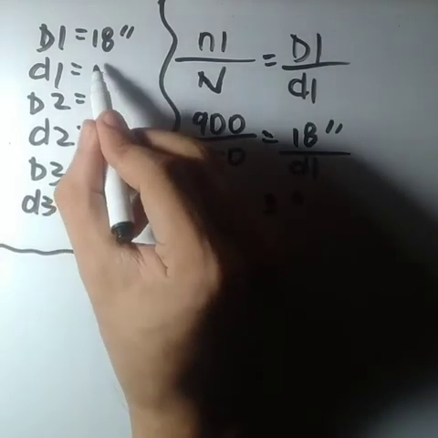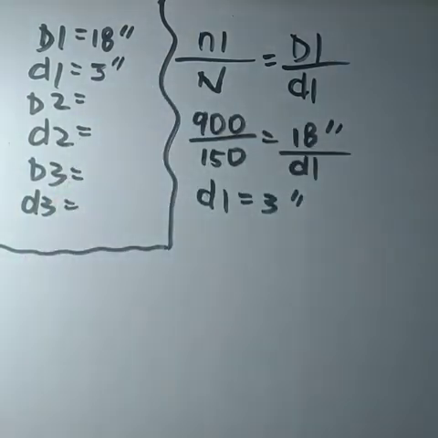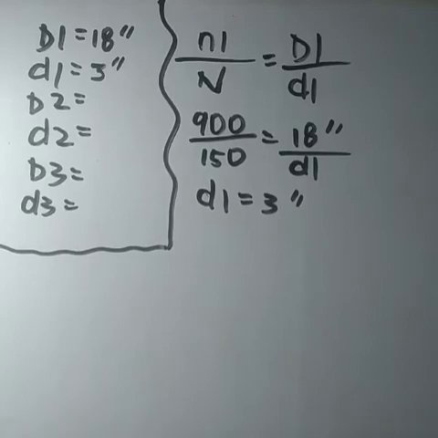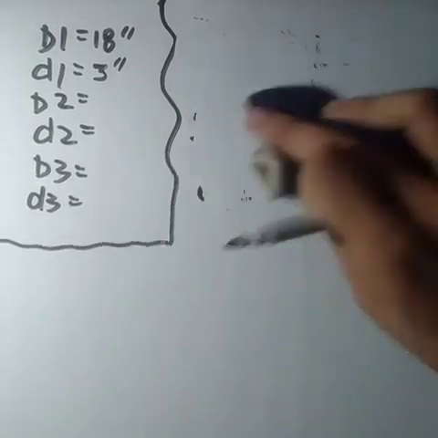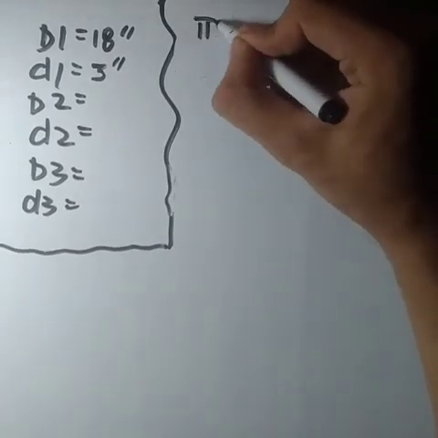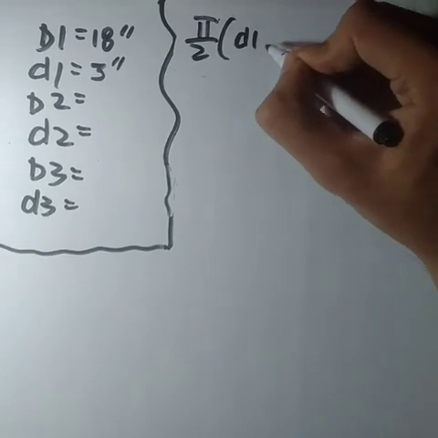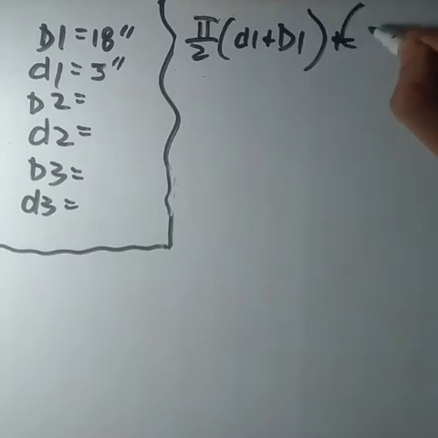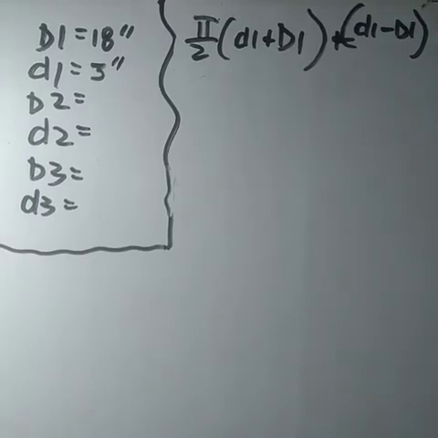Okay, so lagay na natin 3 inches. So in order to get the diameter of the driver 2 as well as the driven 2, i-apply lang natin yung formula kanina. So, ang formula natin kanina ay pi over 2 times the driven 1 plus the driver 1 plus quantity difference squared over 4C.